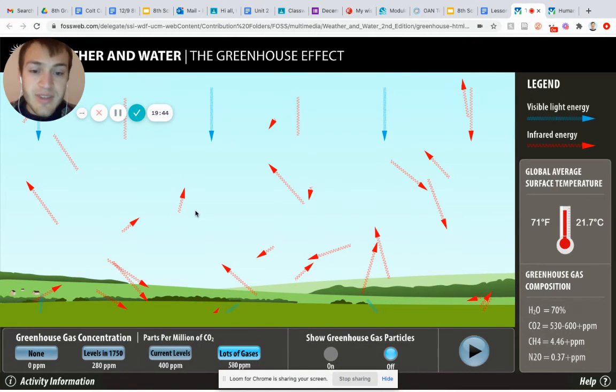Okay, so this 580 parts per million, this is a lot more carbon dioxide than we have right now. Right now we have 400. 580 would take us quite a long time to reach, but scientists are worried that one day we could reach this amount of greenhouse gases.